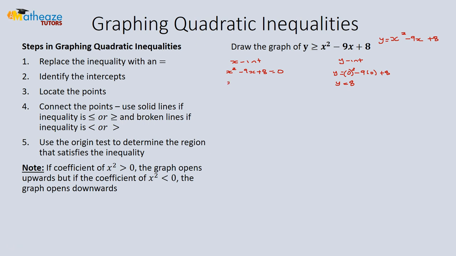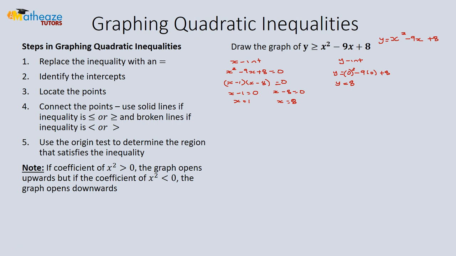So this is going to give us x minus 1, x minus 8 equal to 0. So x minus 1 equal to 0, x minus 8 equal to 0. So x equal to 1, x equal to 8.